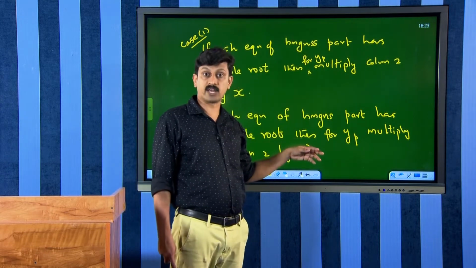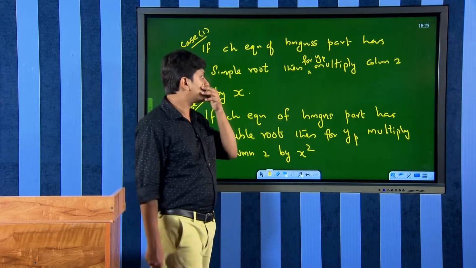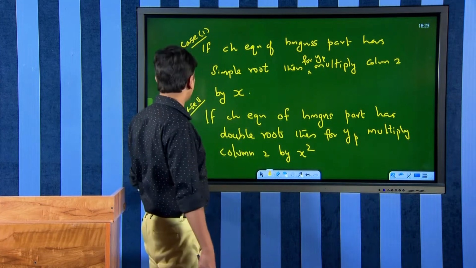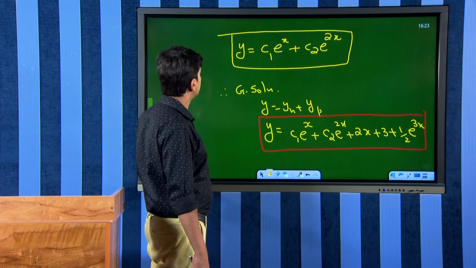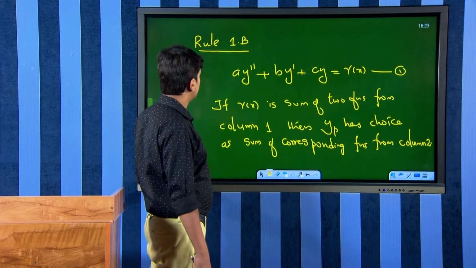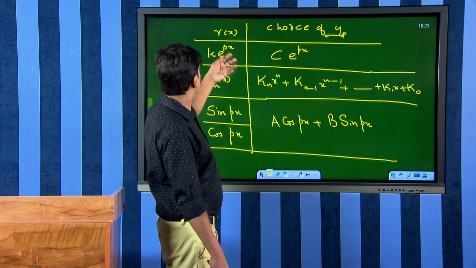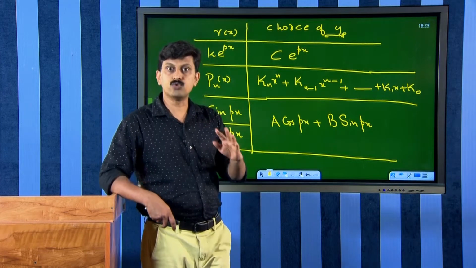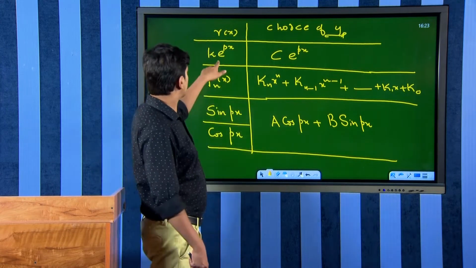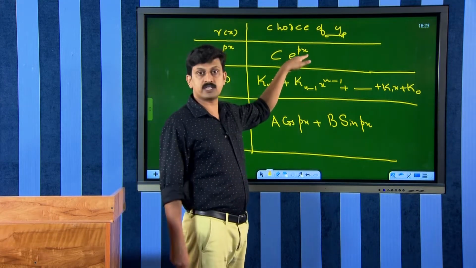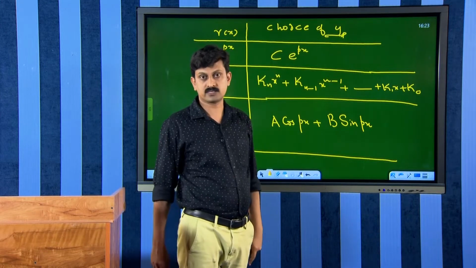We multiply that choice of y p by x. What I mean, dear students, is that if there is already some e raised to p x in the solution of the homogeneous part, then instead of c e raised to p x we just use c times x times e raised to p x.